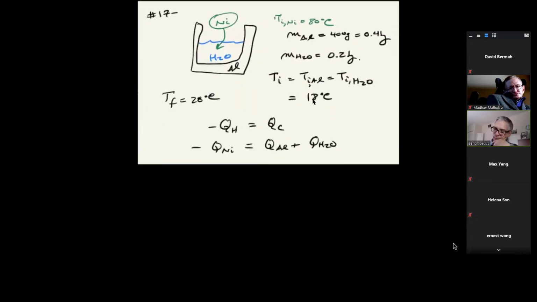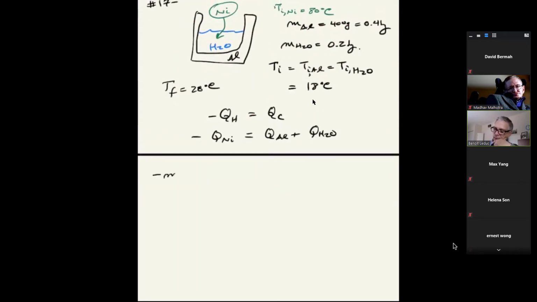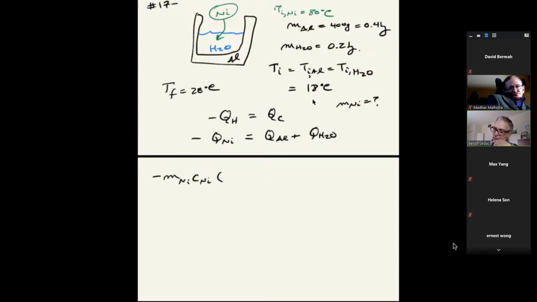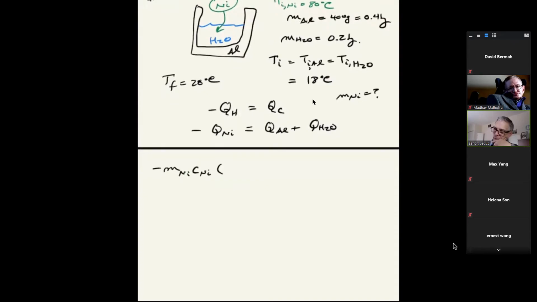You're looking for the mass of nickel, right? So the mass of nickel times the heat capacity of nickel times TF minus the initial temperature of nickel will be equal to TF minus the initial temperature of aluminum times the mass of aluminum times the heat capacity of aluminum.